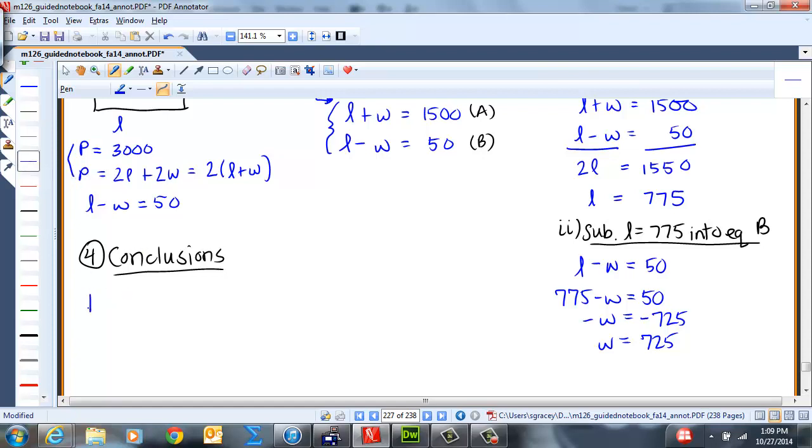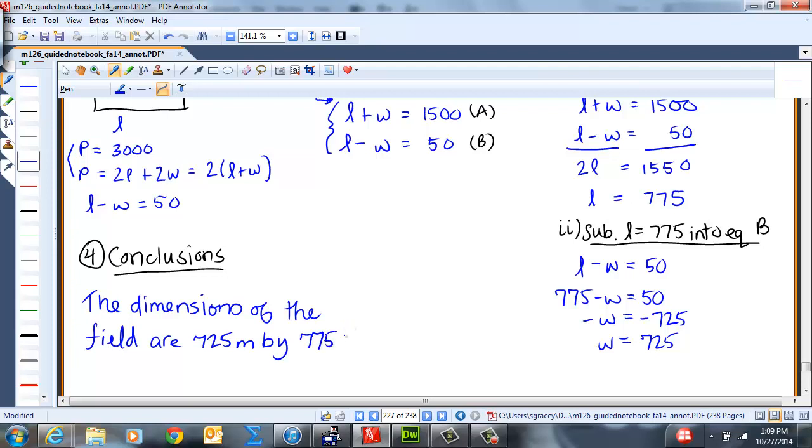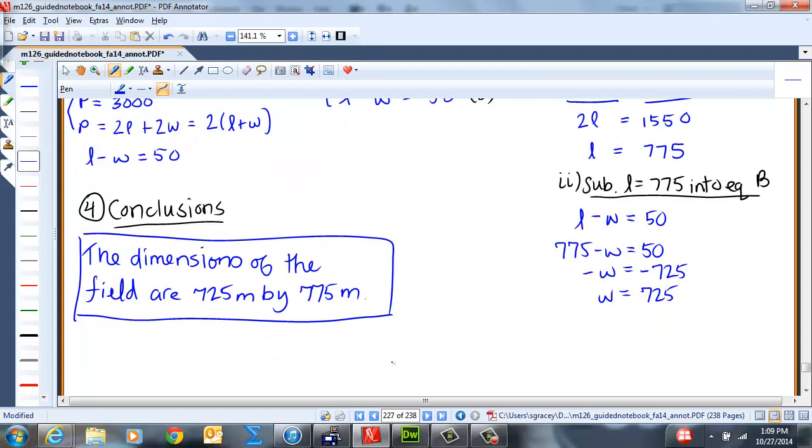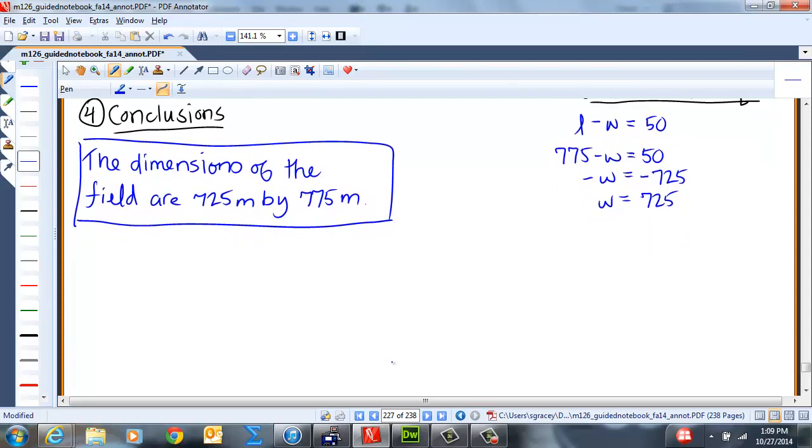The dimensions of the field are 725 meters by 775 meters. And you're all set. That probably seemed easier after those 3x3 systems. Or, yeah, 3 by 3 linear equations, 3 unknowns.